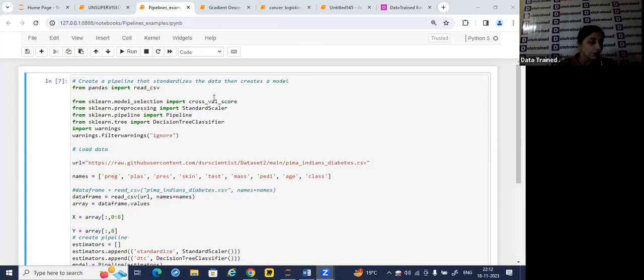Right now we are doing all the processes independently.